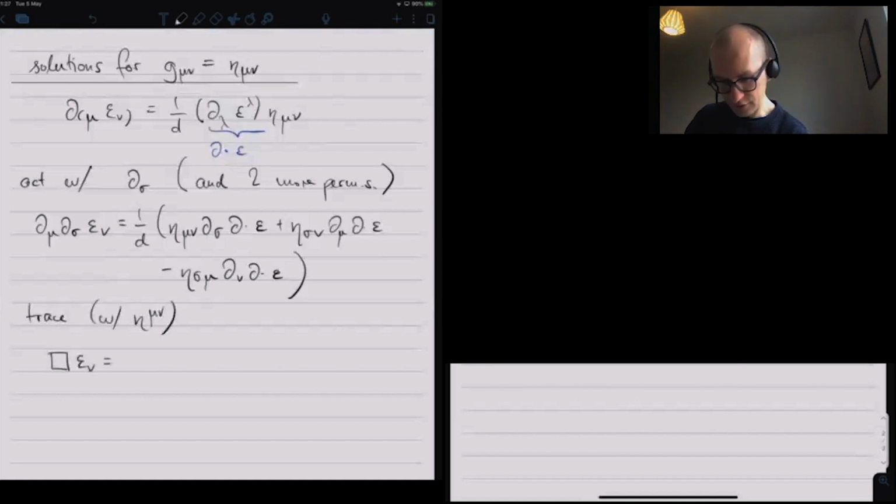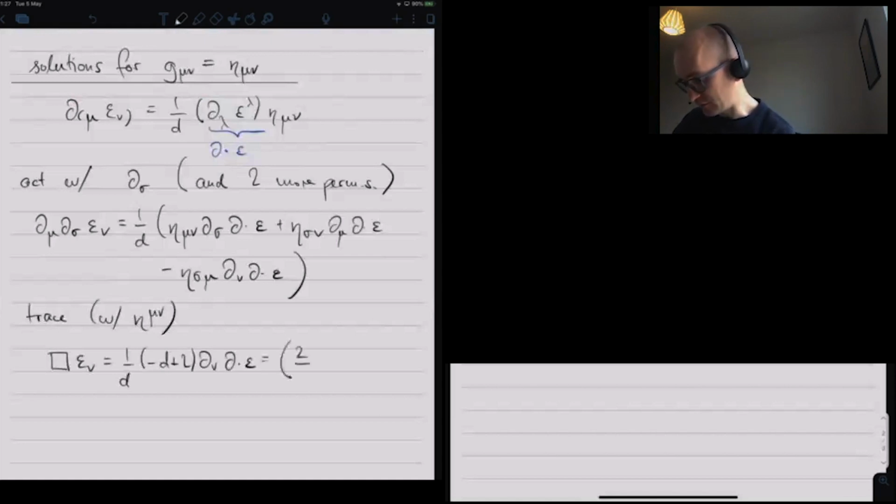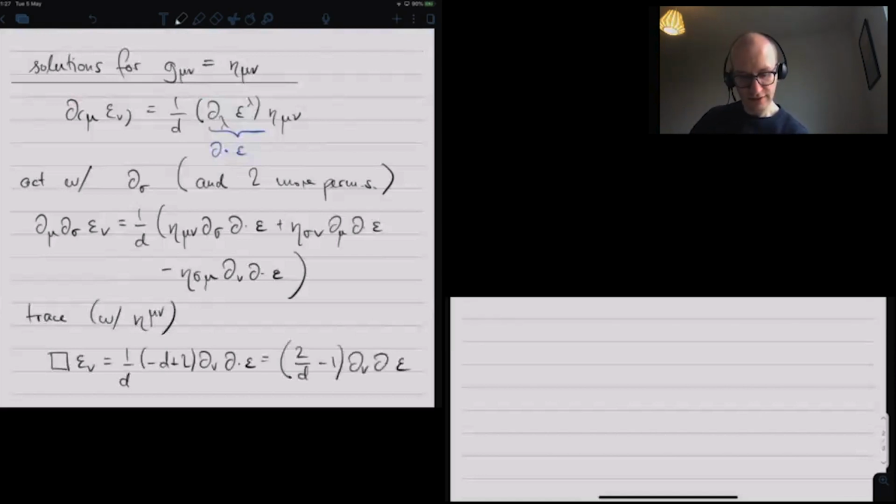This is going to be equal to 1/(d−1) times (d−2+2) ∂_ν ∂·ε. Of course, we can simplify this a bit. This is 2/(d−1) times ∂_ν ∂·ε. That's really nice.